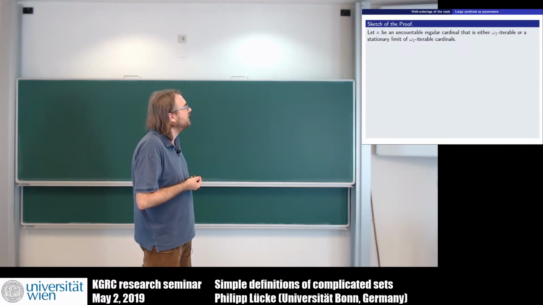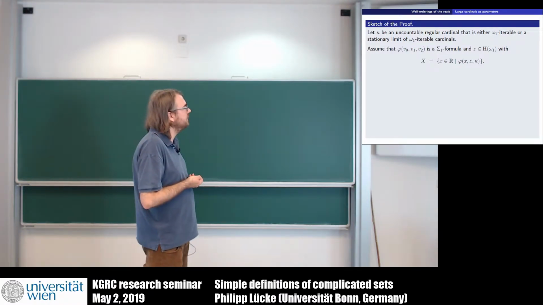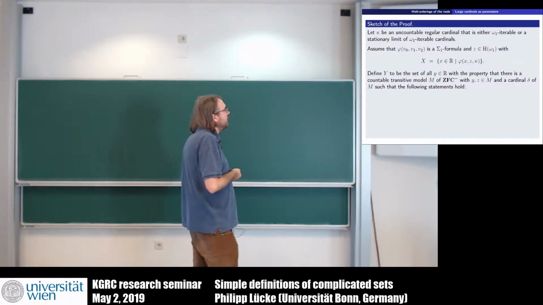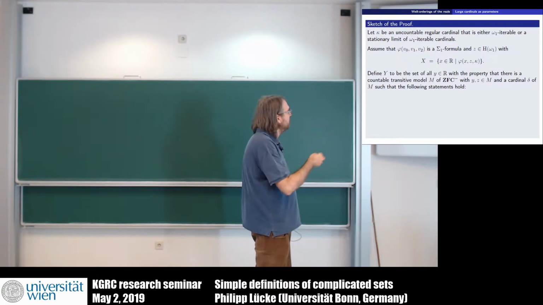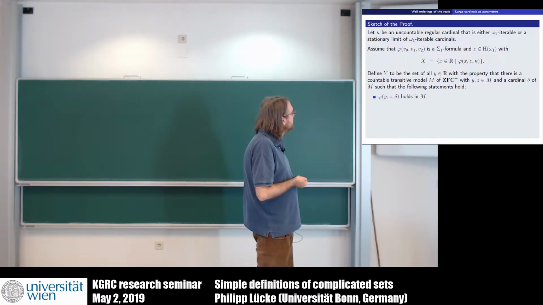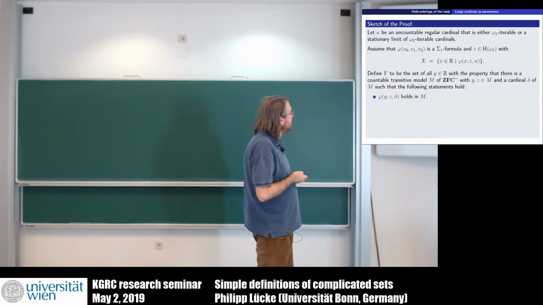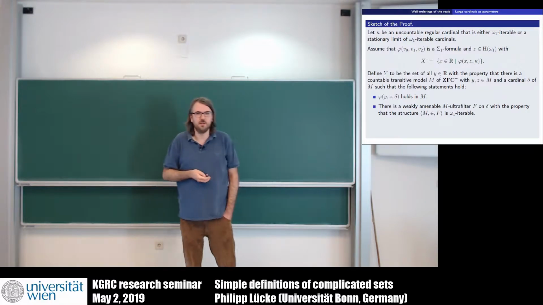So we fix such a cardinal, we take a formula that defines a set of reals X in the Sigma 1 way. And now Y is the collection of all reals with the property that there's some countable transitive model M of ZFC minus containing the relevant sets, and some cardinal in this collection such that the Sigma 1 statement holds in M, and there's some external filter such that the structure is iterable.